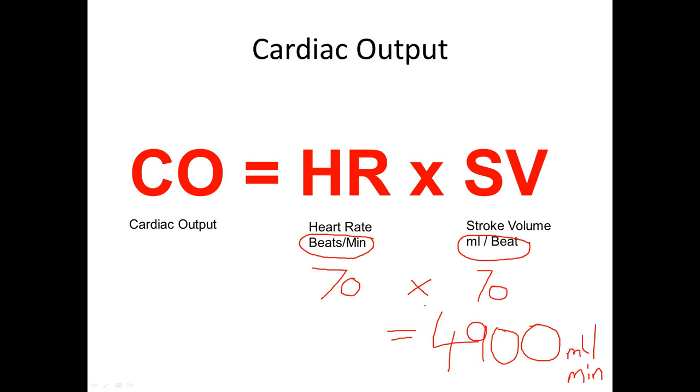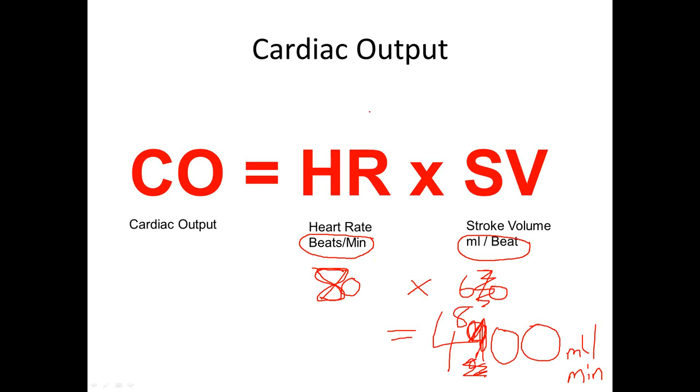But if you imagine you change that, and heart rate becomes 60, then this figure becomes 4,200. But again, if heart rate goes up to 80, this figure becomes 5,600 again.